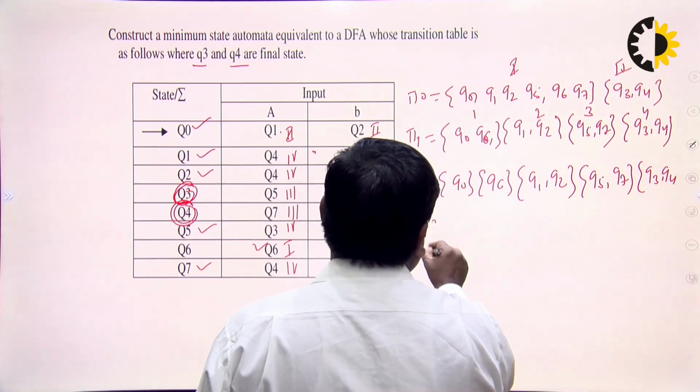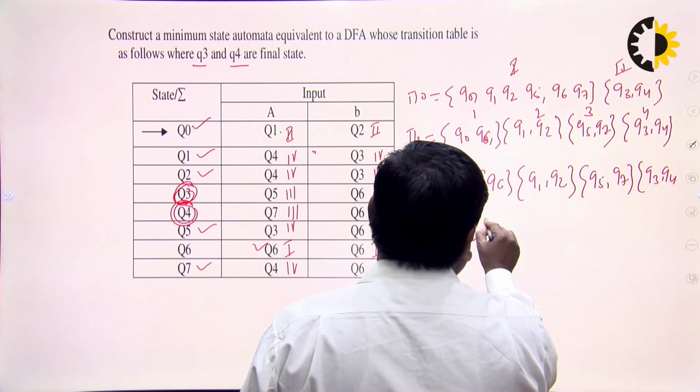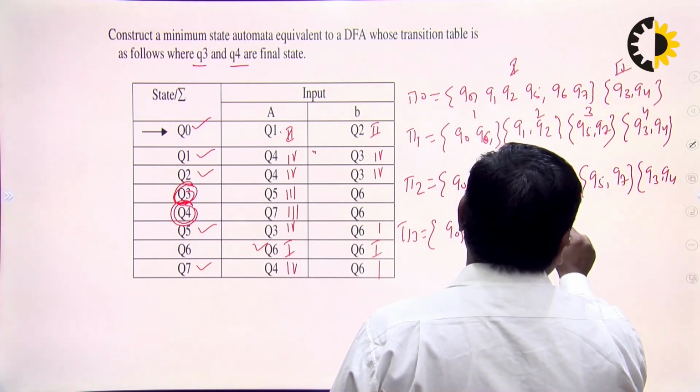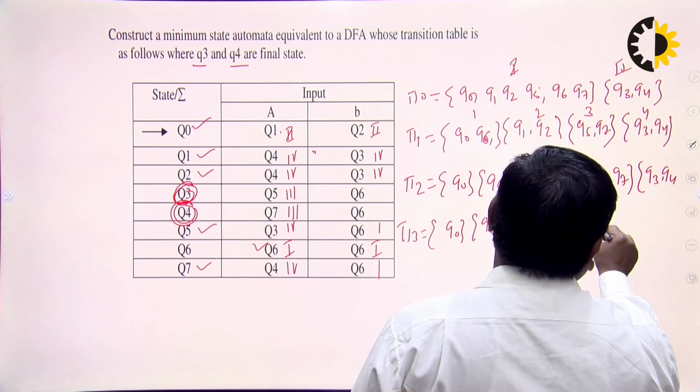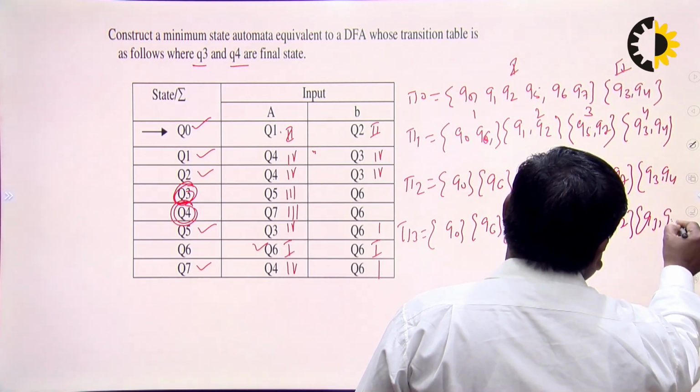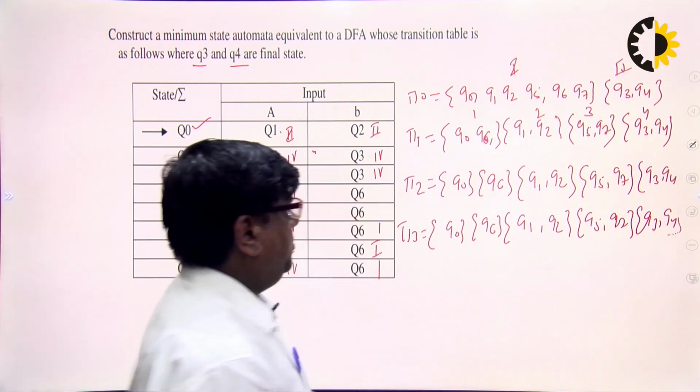We compute pi 3, same: Q0, we check, then find the same result: Q1, Q2, Q5, Q7 and Q3 and Q4. Okay.